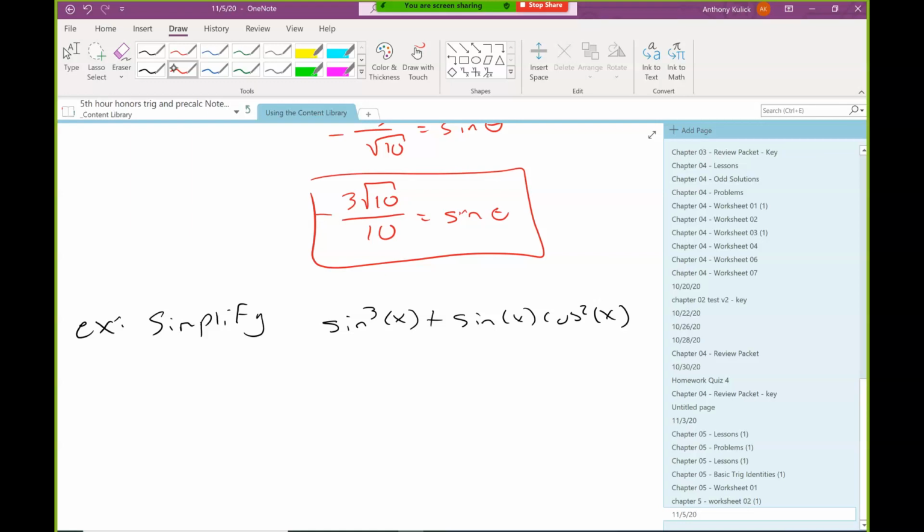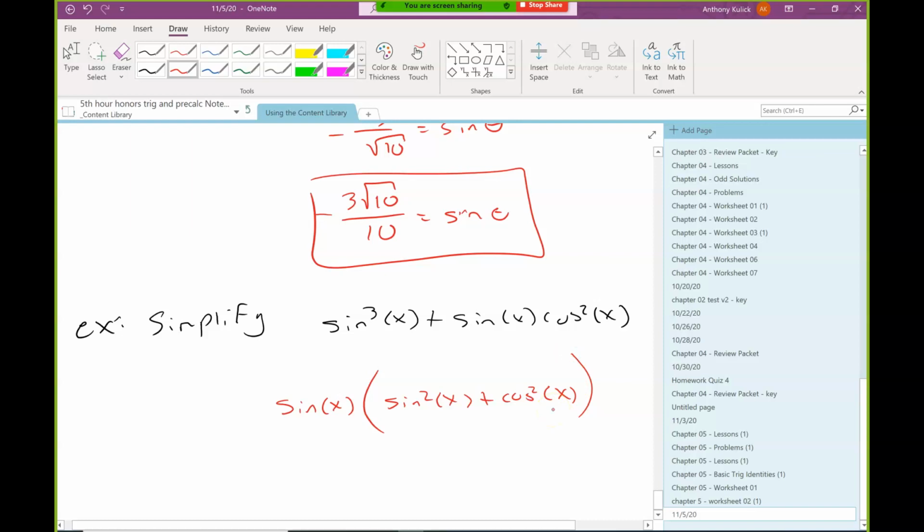Do you guys see any obvious algebra thing to do here? Great. So we could factor out a sine x, right? And that's an improvement because it turns this from an addition problem that has two terms into a multiplication problem with two factors. And that's a little bit simpler. So that's heading in the right direction, typically. Okay, that's probably it as far as algebra things go.